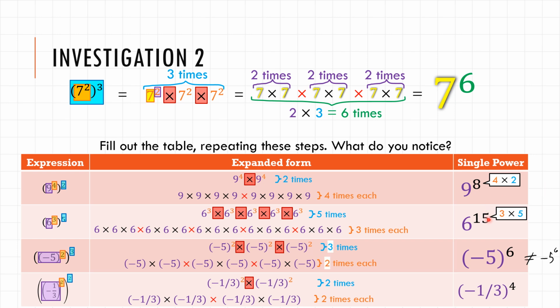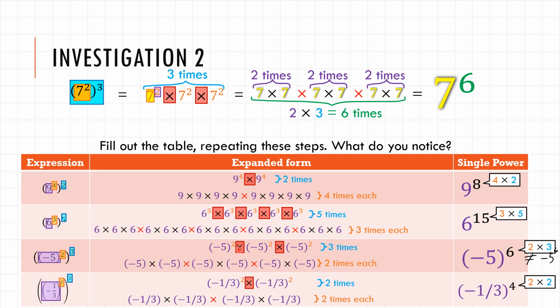And it seems like we were doing this every single time. We were always taking the exponents and multiplying them, because in our expanded form we have groups of powers. And over here as well, 2 times 2 would get us 4.